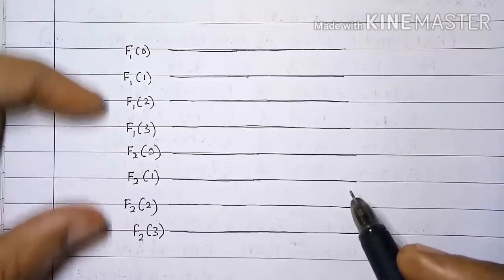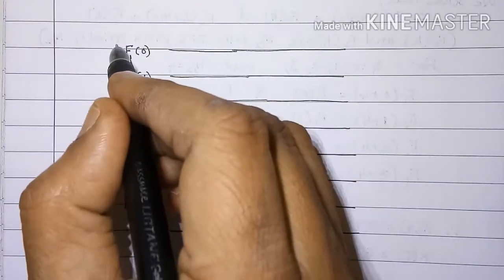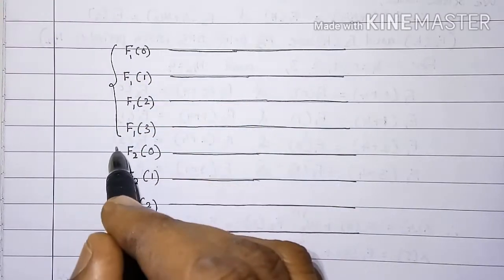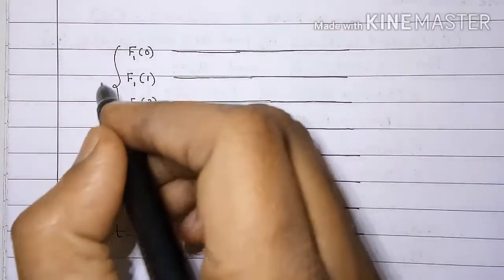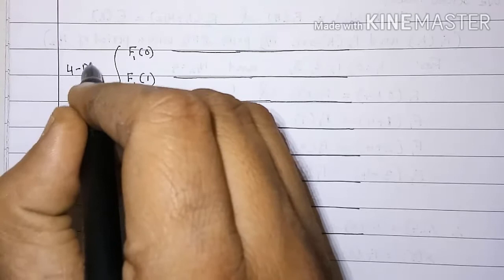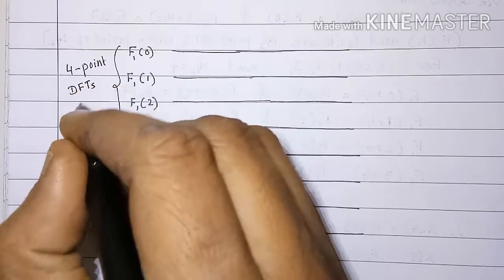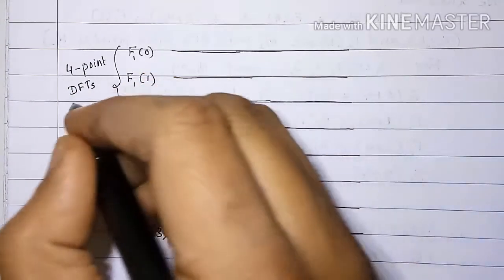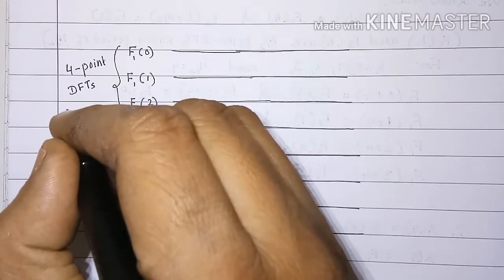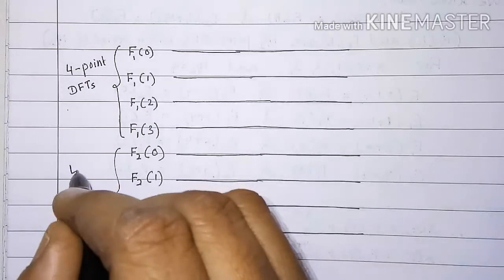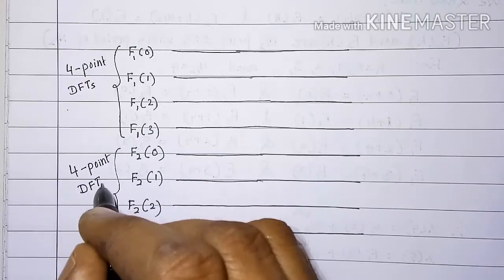Now here I have shown f1 of k and f2 of k. These are 4-point DFTs. And these are also 4-point DFTs.